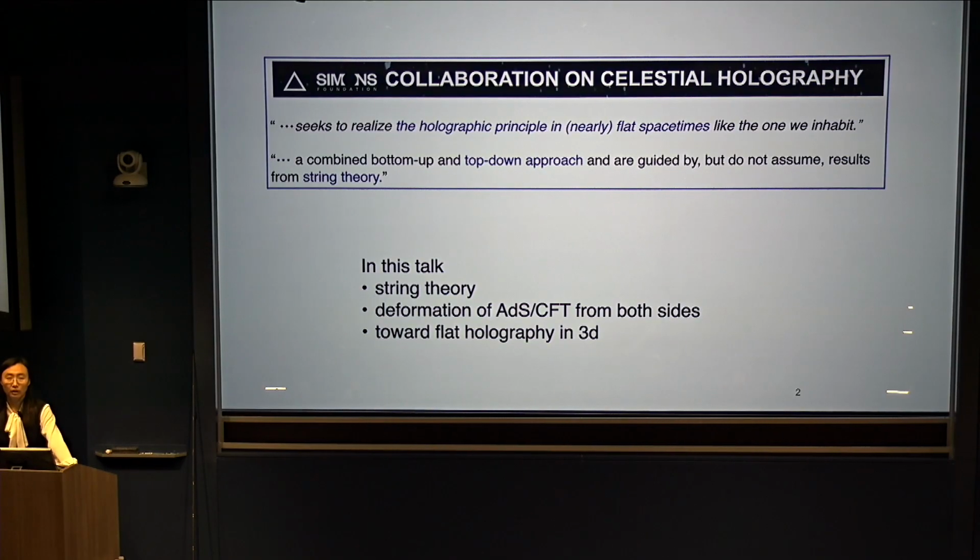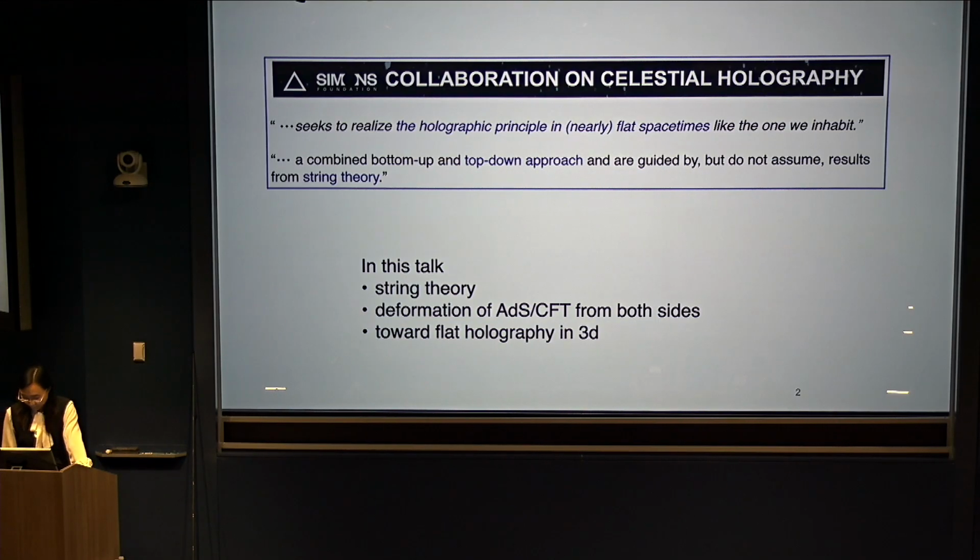On the string theory side, I'm going to do this TsT deformation, and on the field theory side, it's something related to the so-called single trace TTbar deformation. So in the end, we try to get a toy model of holography for asymptotically flat spacetime.